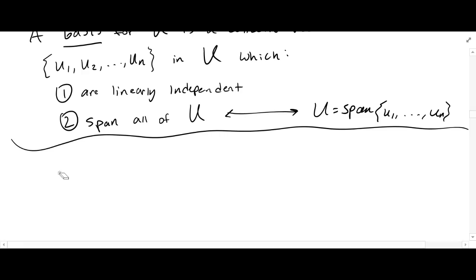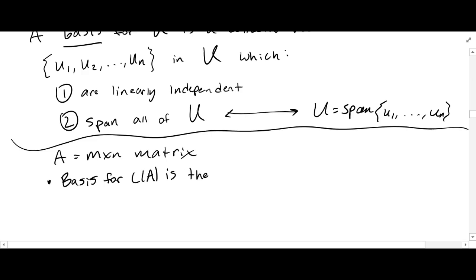So if A is an m by n matrix, then a basis for the column space of A is the set of linearly independent columns of A. In other words, the columns with pivots.